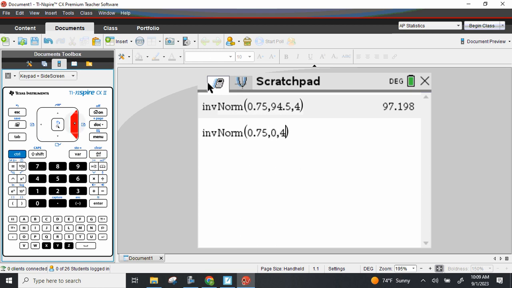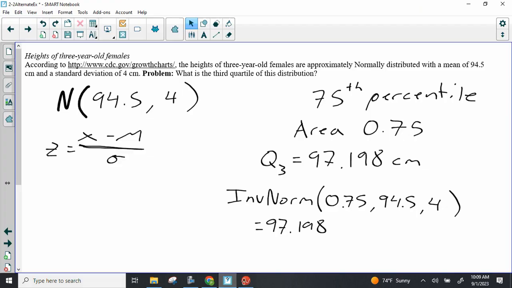So what I'm doing now is finding a z-value in the standard normal distribution that has an area of 0.75 beneath it. That's all that does. Turns out that my z-value would be about 0.675. So another approach would be to put that in there.